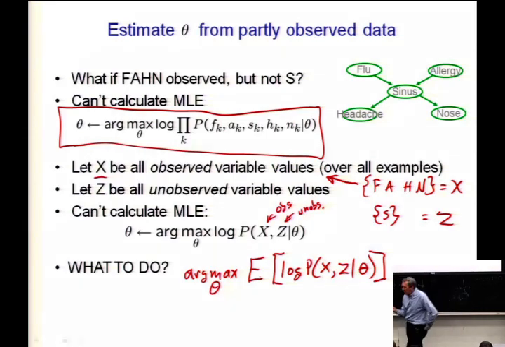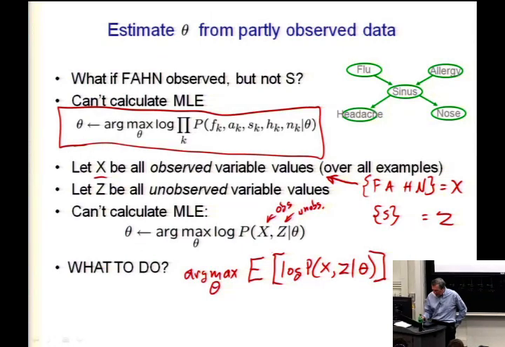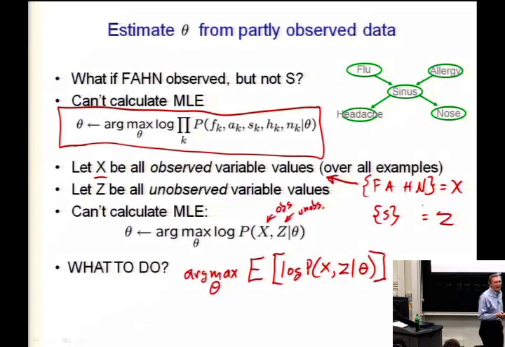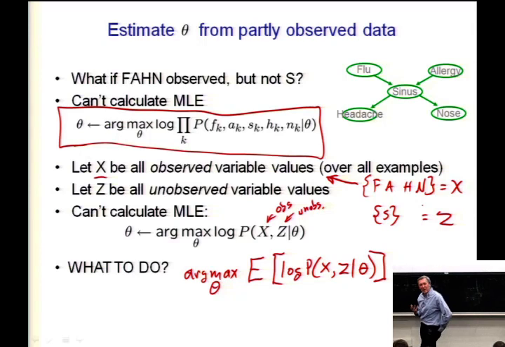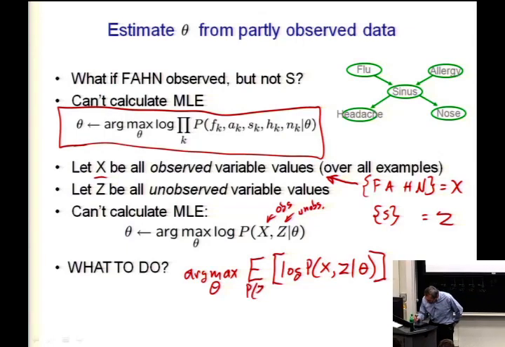And so we're going to take the average of this likelihood with z, the unobserved stuff, weighted by the probability that the unobserved z in this particular training example would be 1 versus 0. But what probability distribution are we going to use to get that probability distribution on the unobserved data? Well, the obvious thing to do is we'll take the probability of z given x and theta.